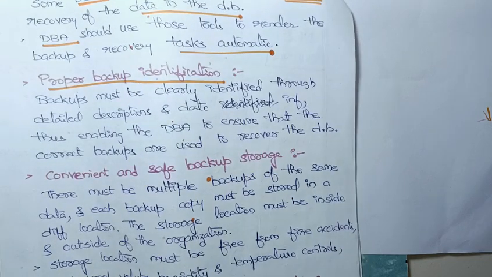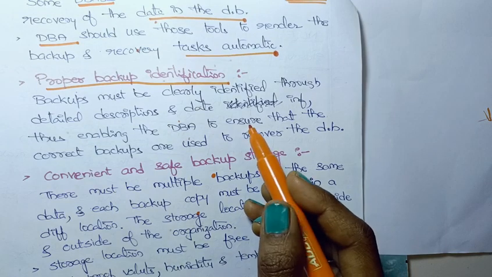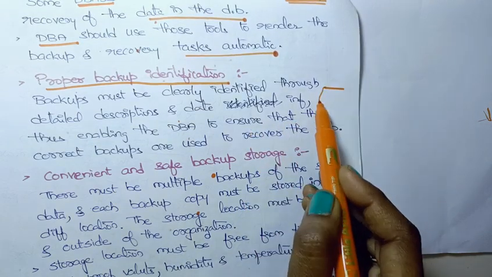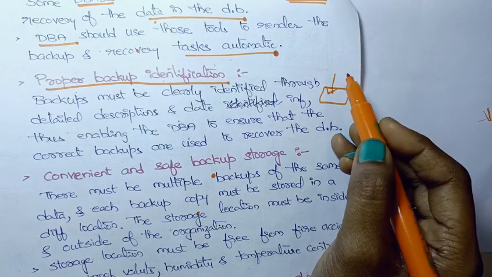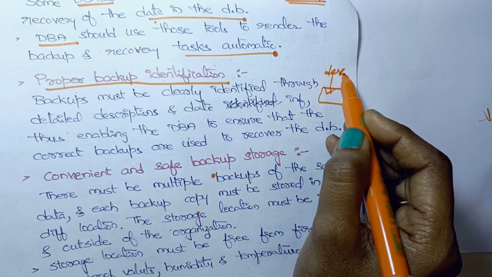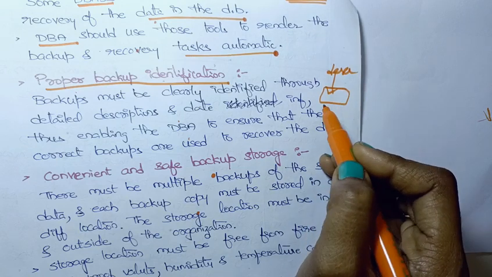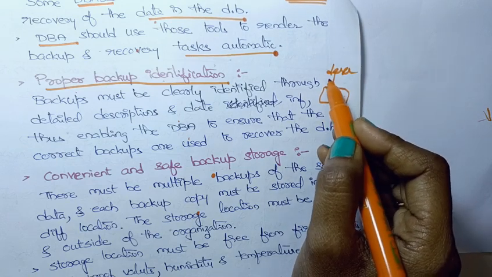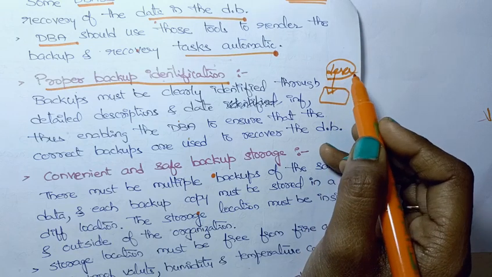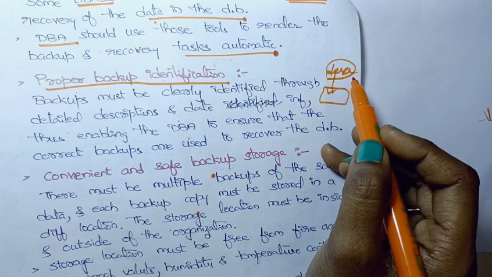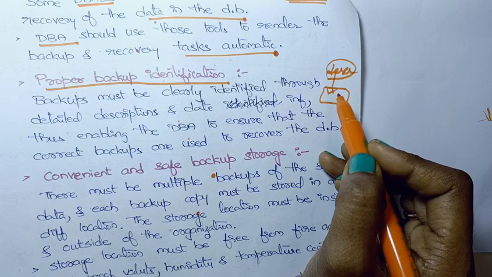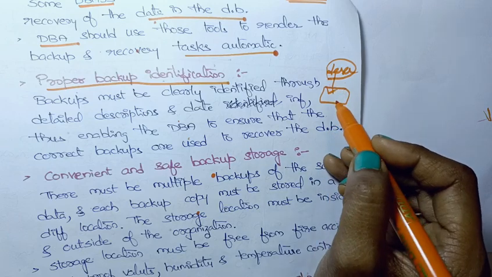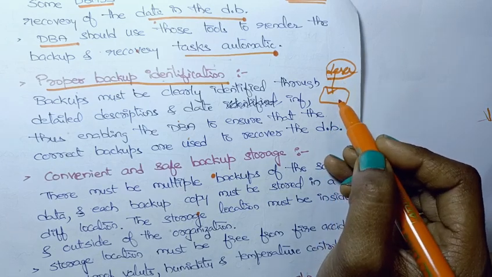So whenever the database administrator does a backup of particular data, he should maintain the description of this data: which date this data is related to, and which type this data relates to. All that information should be maintained, so that in case of any recovery, this backup data can be used.